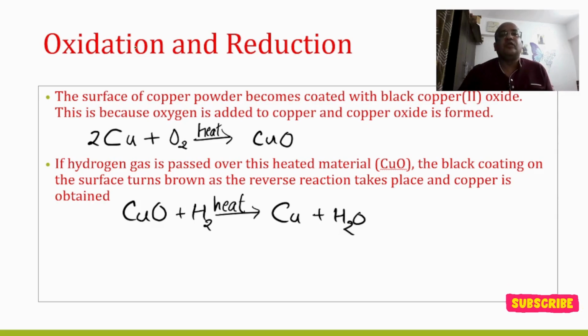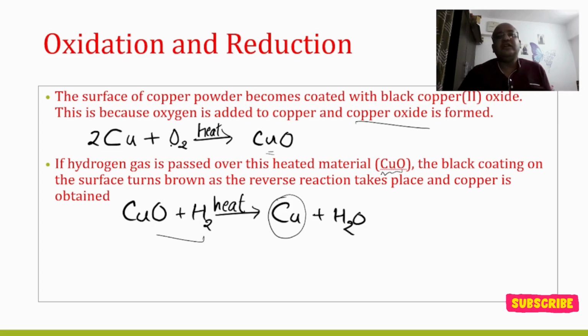When you react copper with oxygen, you get copper oxide. And if hydrogen gas is passed over the heated copper oxide, the black coating on the surface turns brown as the reverse reaction takes place and copper metal is obtained.